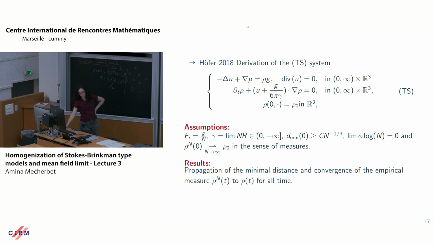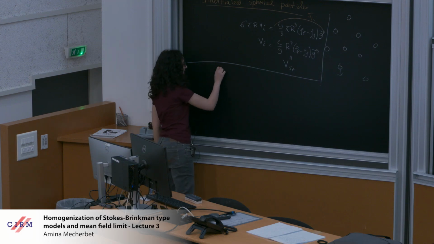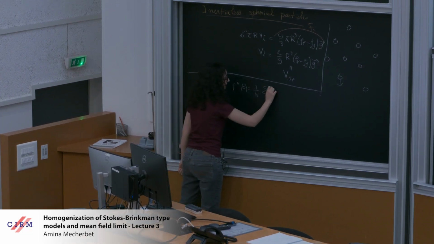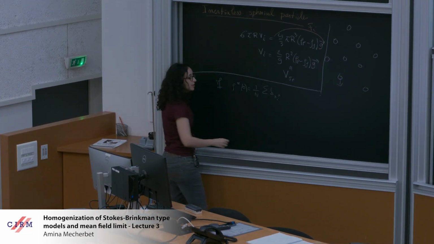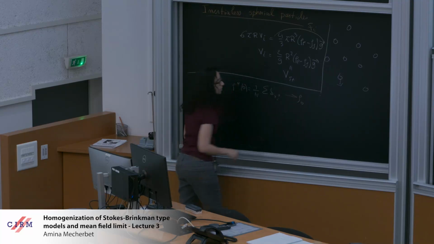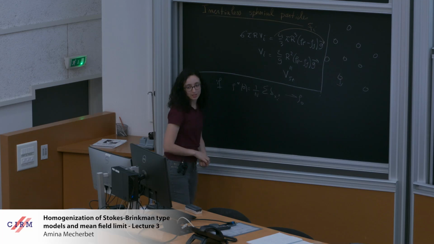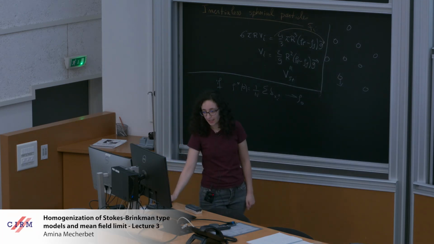As you can see, it is a coupling between the Stokes equation for the fluid with a transport equation for the density rho. The idea here is that the result is a mean field limit, meaning that if rho_n^0, which is the empirical measure at time 0, converges in the sense of measure to some probability function rho_0, then it will converge at each time, and it will converge to the unique solution of this problem.